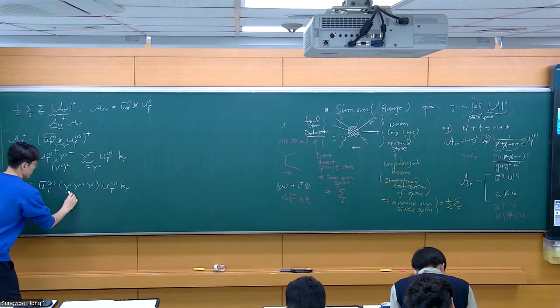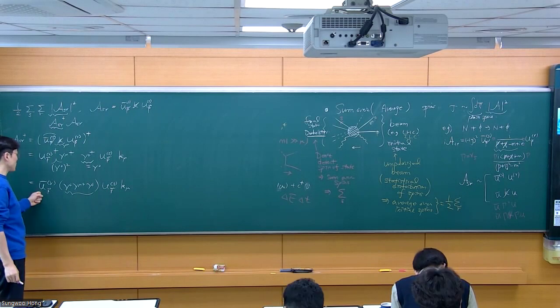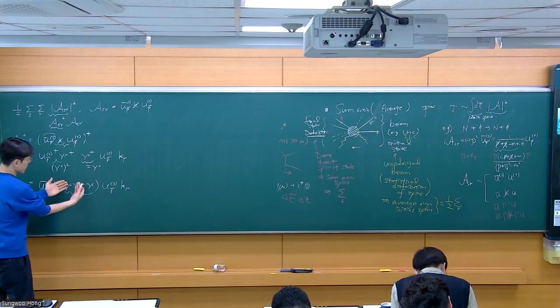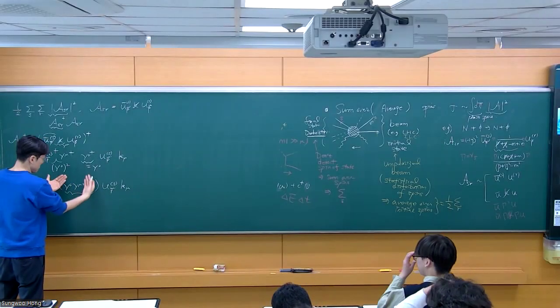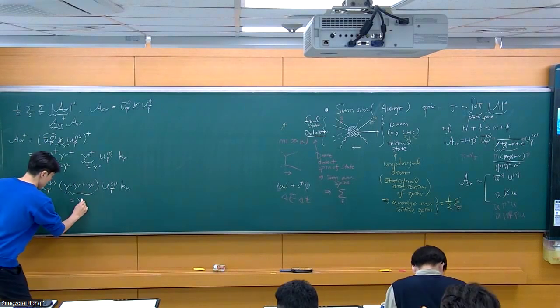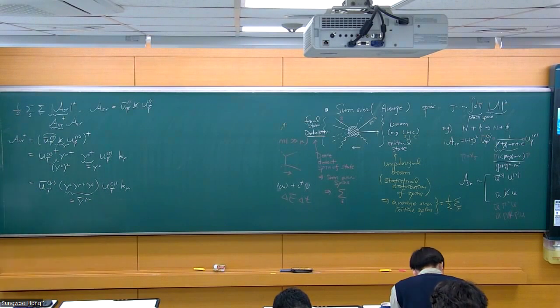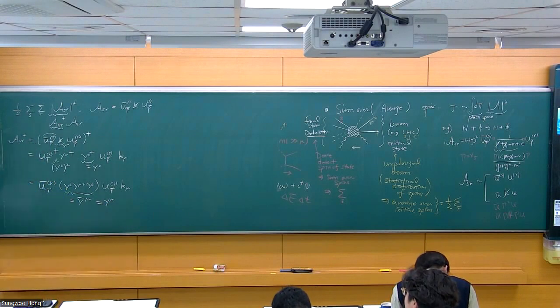Remember, we define not only the Dirac adjoint for the vector, we also define a Dirac adjoint for the matrix. For a given matrix, in this case 4 by 4, I define the Dirac adjoint as the Hermitian adjoint multiplied by gamma 0. This is gamma mu bar, and you can check that it is equal to gamma mu, as I mentioned before.